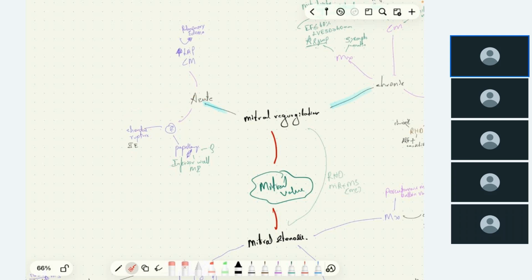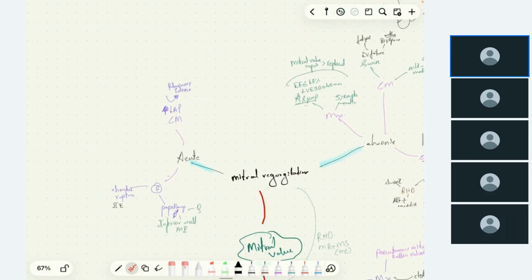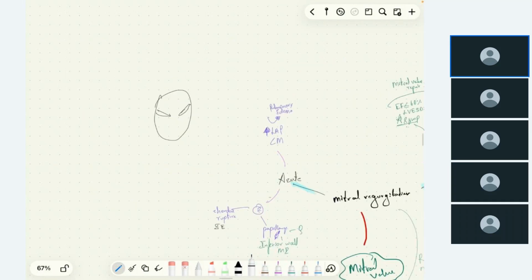The papillary muscles, which are attached to chorda tendineae and valve, may rupture, due to inferior wall MI or due to infections. These are the causes of acute mitral regurgitation. What is happening, guys, in case of acute mitral regurgitation? Normally during systole, the blood should go in one direction, that is to systemic circulation, aorta.